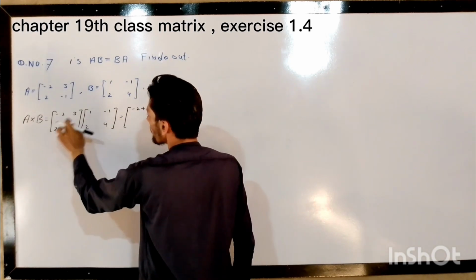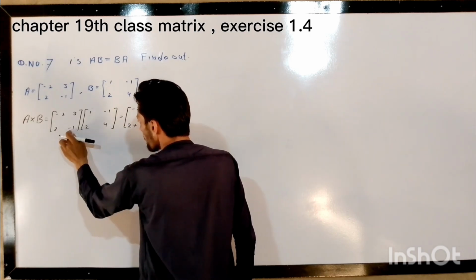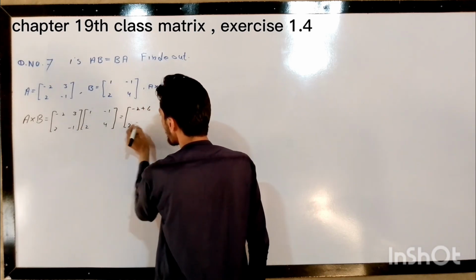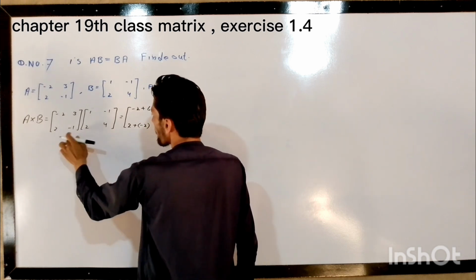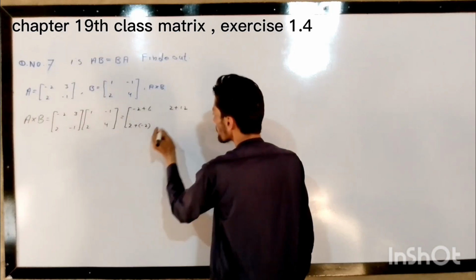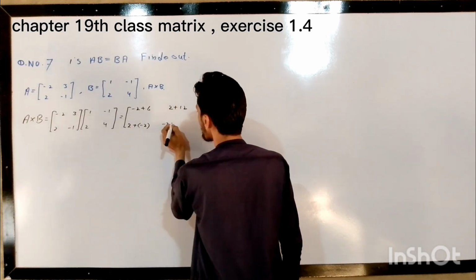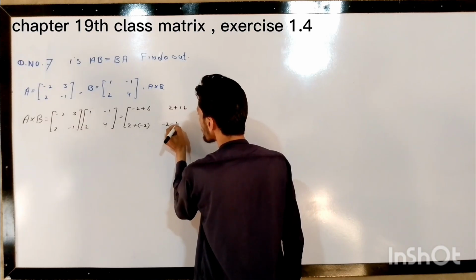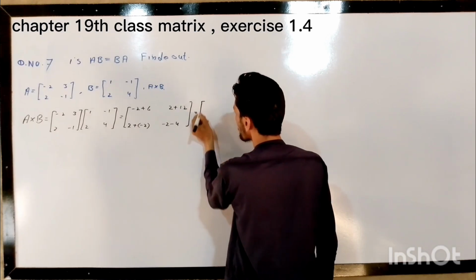Okay, 2 cross 1 will be equal to 2 plus minus 1 cross 2 will be equal to minus 2. After this, 2 cross minus 1 will be equal to minus 2. Minus 1 cross 4 will be equal to minus 4. Okay, let's simplify it.